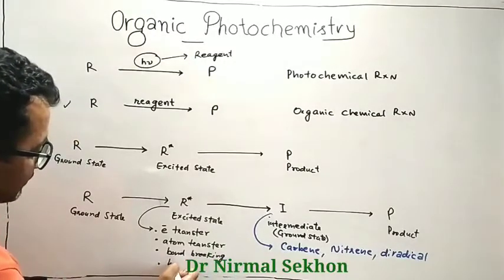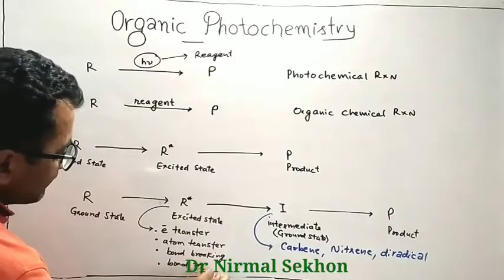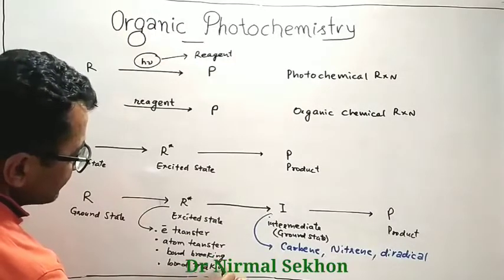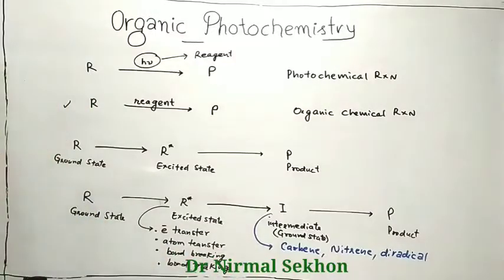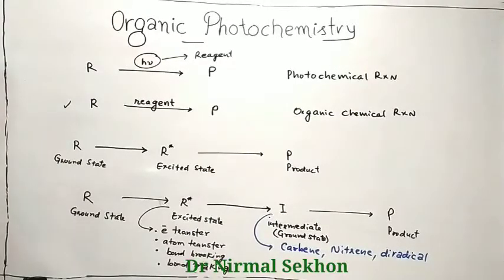So when our reactant R changes to R star by absorbing some suitable frequency, this excited state species may undergo electron transfer, atom transfer, breakage of a bond, or maybe making of a new bond.